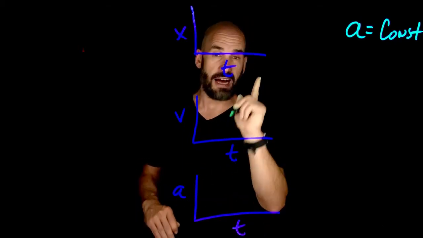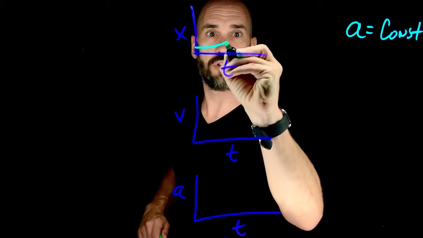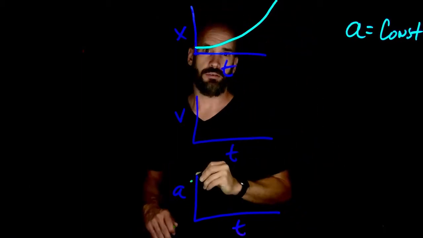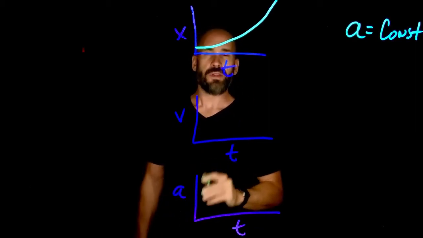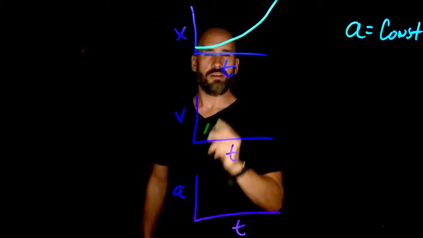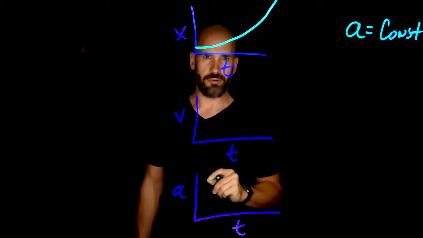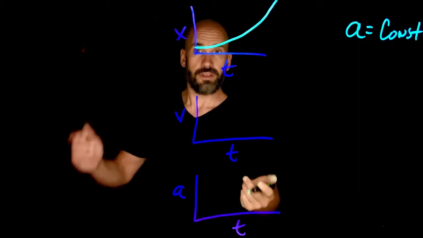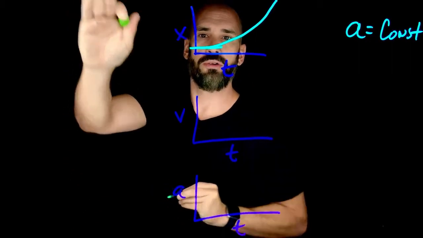In the case of constant acceleration, you get a concave up position versus time graph. It looks just like that. Now, remember what we said about velocity. Velocity is the slope of a position versus time graph, right? So let's look at those slopes. We have here a slope that's almost zero.